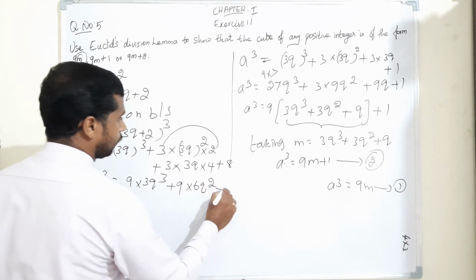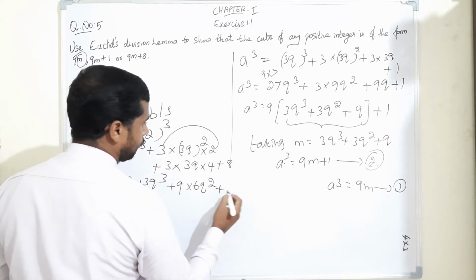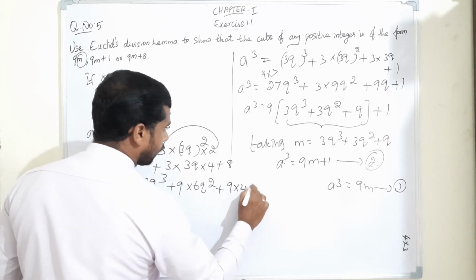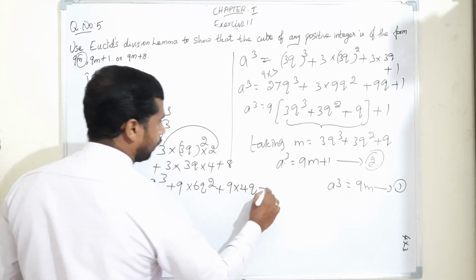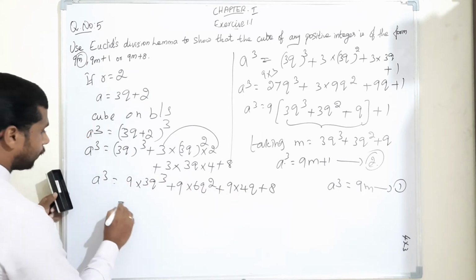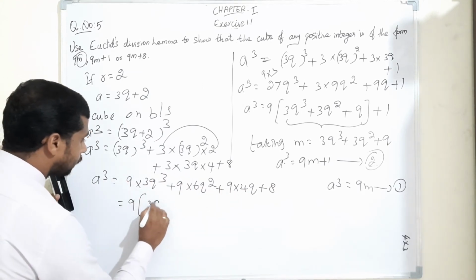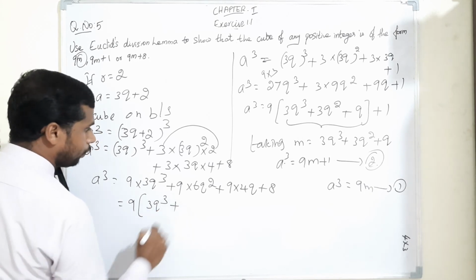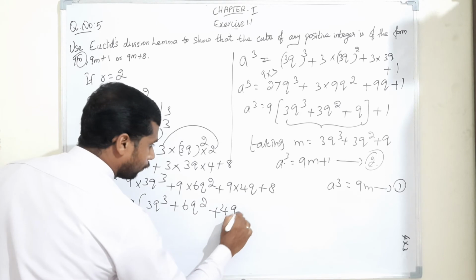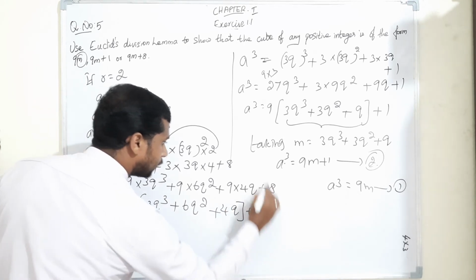Next, 3 into 3 cube, we can write it as 9 into 4q, isn't it? Again plus 8 is there. Again 9, each and every time take common outside. Taking 9 outside: 3q cube, 6q square, 4q, then plus 8 will come.